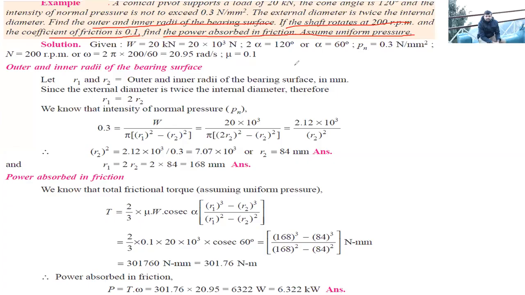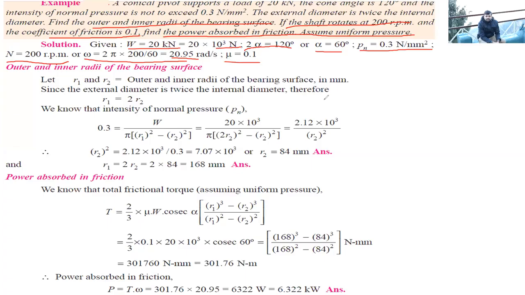First of all, what we'll do is write the given data. W is equal to 20 kilonewton, and we'll write it in terms of Newton. 2 alpha is 120 degrees, so obviously alpha will be 60 degrees. Pn is equal to 0.3 Newton per mm square. N is equal to 200 RPM, so we'll find omega, and omega comes out to be 20.95 radian per second.